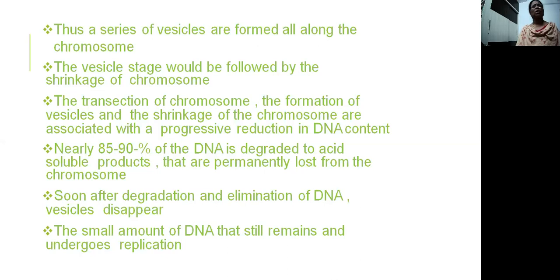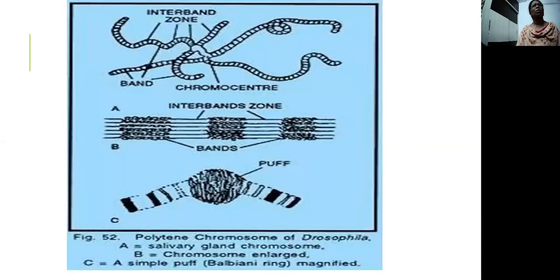Soon after degradation and elimination of DNA, vesicles disappear. So the small amount of DNA that still remains undergoes replication. So there are interbands and bands, Balbiani puffs, Balbiani rings.